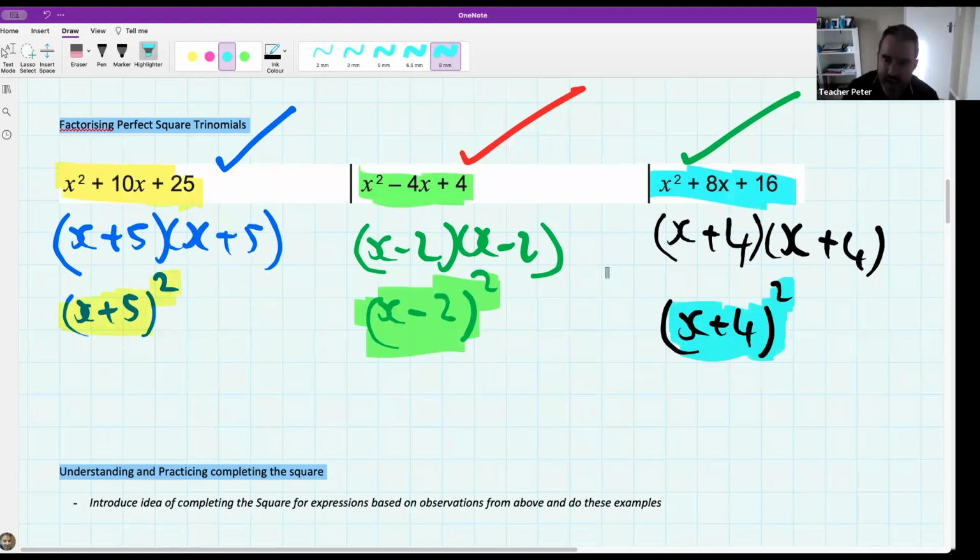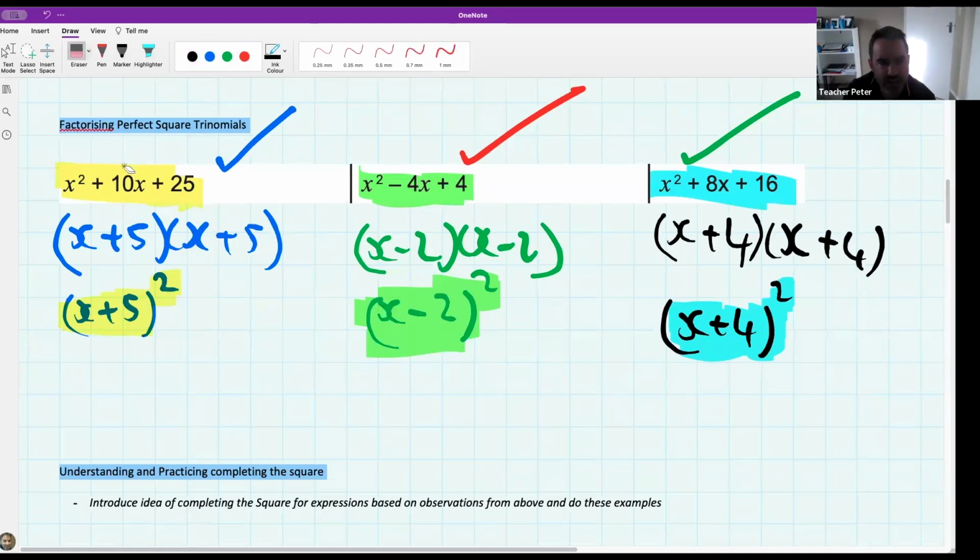Now, when we have to complete the square, it's important to be aware of the characteristics of perfect square trinomials. What I want you to notice is that there's a certain pattern that seems to apply. If you've got a perfect square trinomial, there's a relationship between the middle term, which is 10, and the constant term, which is here.